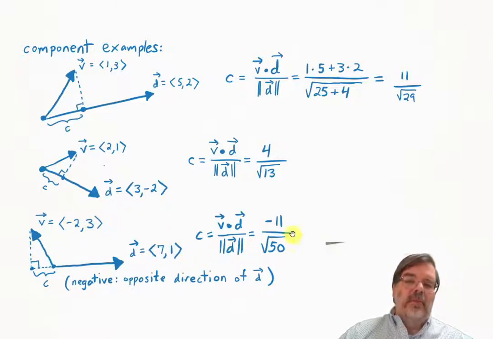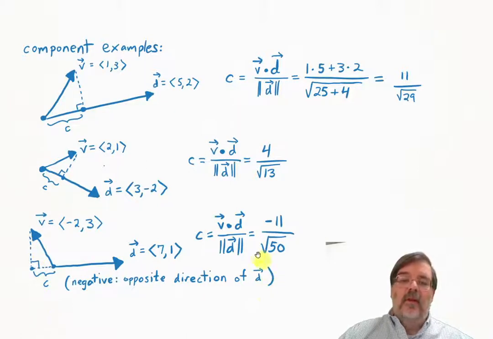Negative 14 plus 3 is negative 11, divided by the length of d, that's the square root of 49 plus 1, the square root of 50. And this time, you'll notice that the component is negative. And that's okay. That just means that this vector is pointing in the opposite direction of the vector d. And that'll also be significant when we calculate the projection.